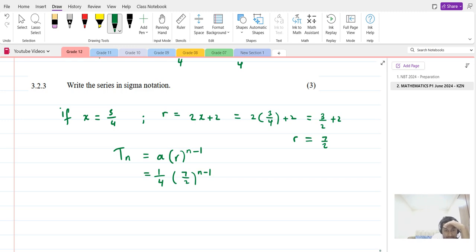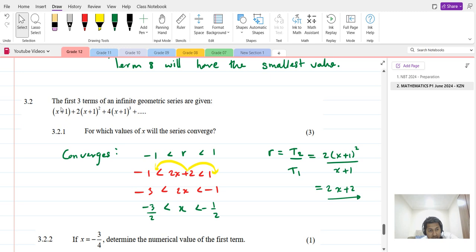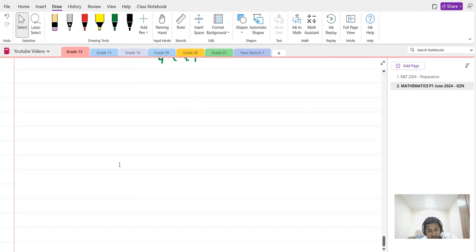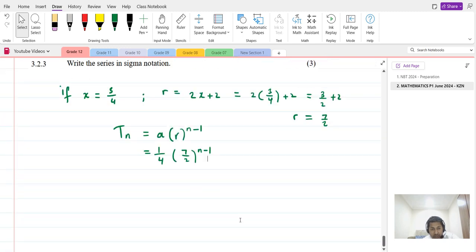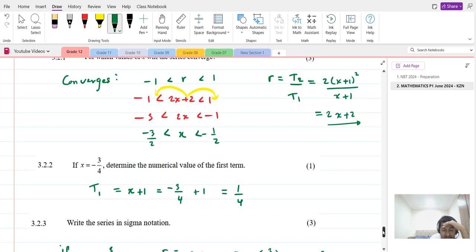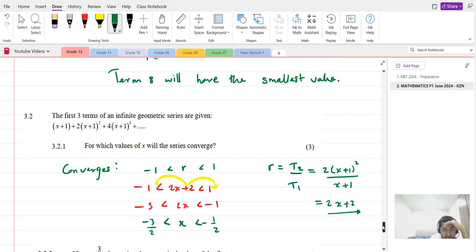So what's the series? The series is x plus 1, the first value is a quarter, so we can say a quarter plus, what's the second value?